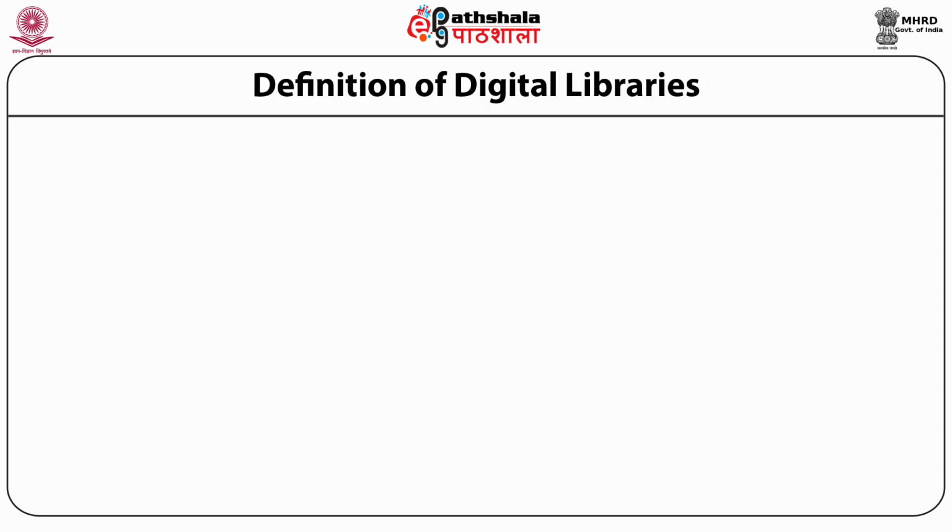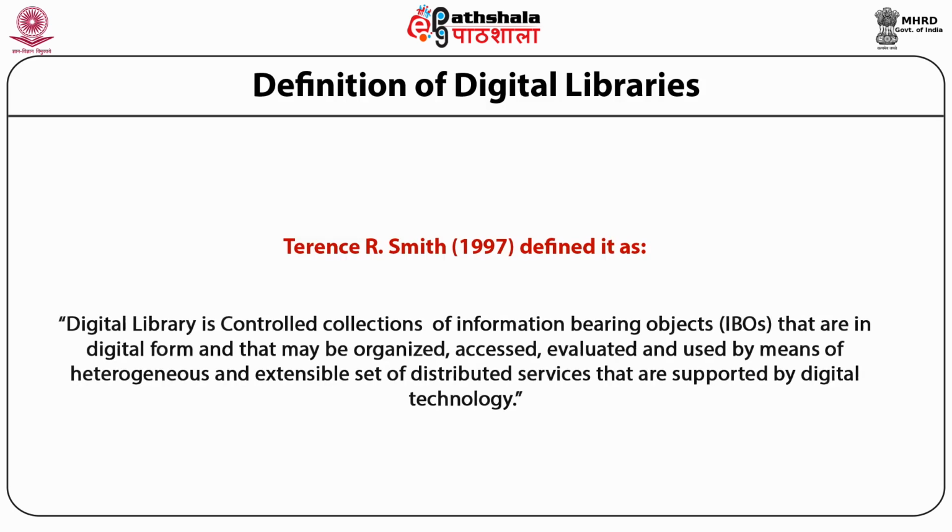Let's go to yet another definition by Terence R. Smith, who defines digital library as a controlled collection of information bearing objects that are in digital form and that may be organized, accessed, evaluated and used by means of a heterogeneous and extensible set of distributed services that are supported by digital technology.